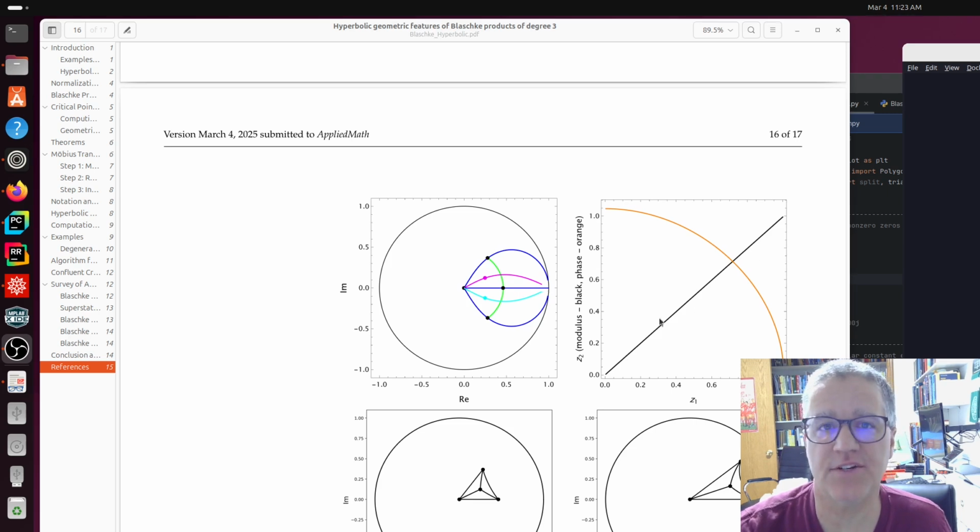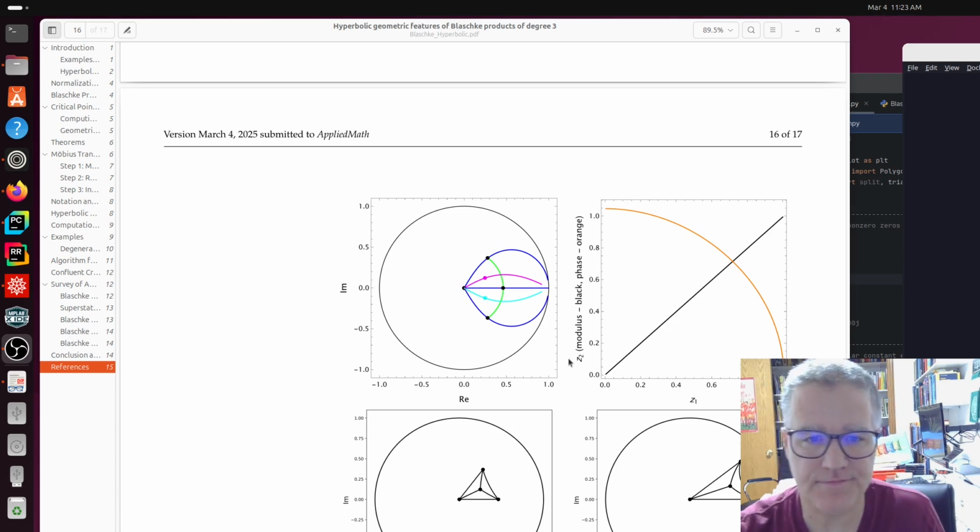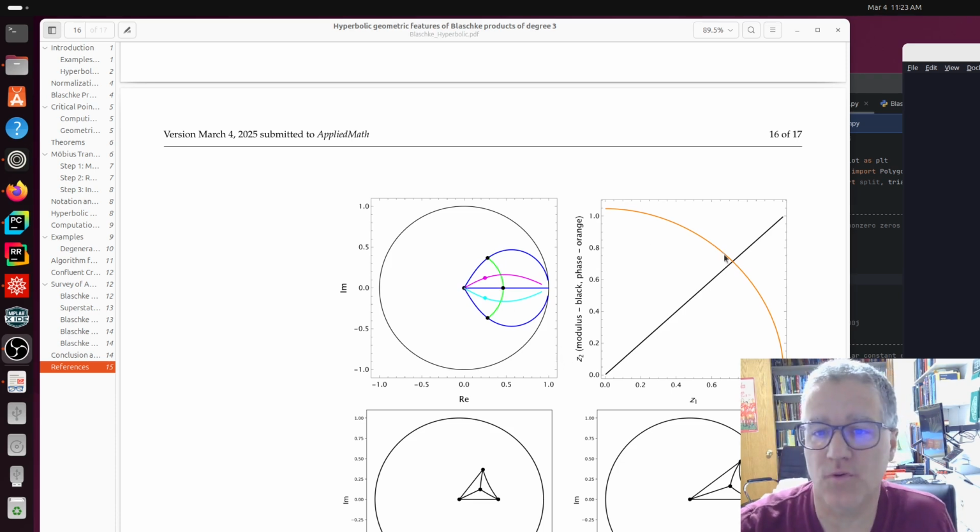And we see that's linear, so that means they do indeed lie on a circle. So the modular distance from here to here is the same as from here to here. Then the orange curve here is the phase. So we can see this phase change because this loops up and around. We see that this phase change drops.